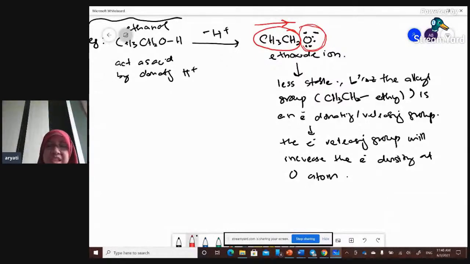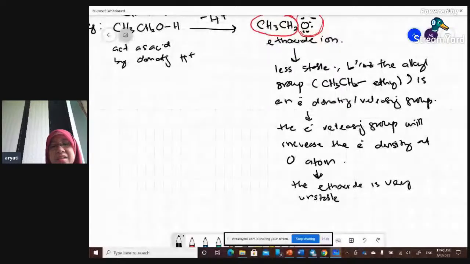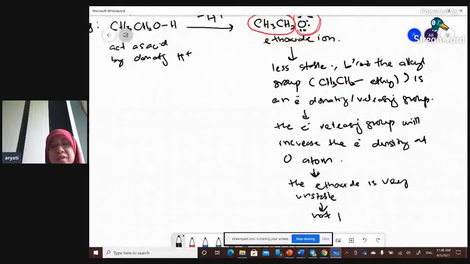So bila dia increase the electron density at oxygen atom, so maksudnya this ion, the ethoxide ion, is very unstable. So bila dia very unstable, dia not prefer to be formed.